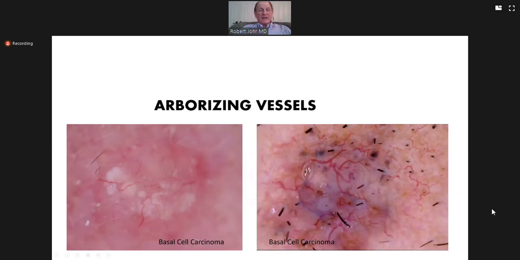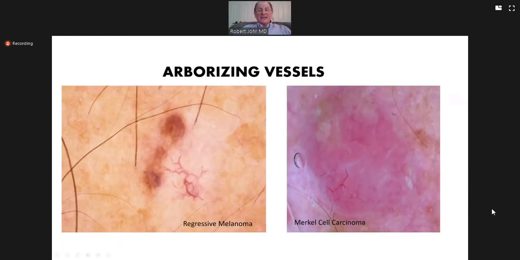They're thinner and they're different caliber vessels, but they're always in focus because they're on the surface of the lesion and they're branching. And I think that's a good description. So they're in focus, branching, different caliber vessels, and like I said, they're always in focus.